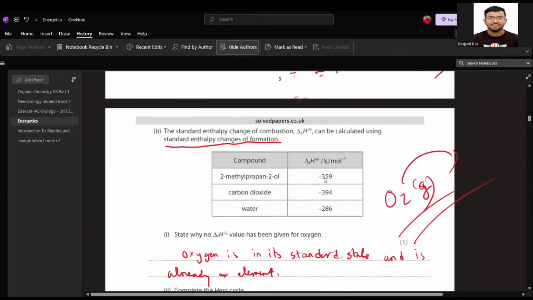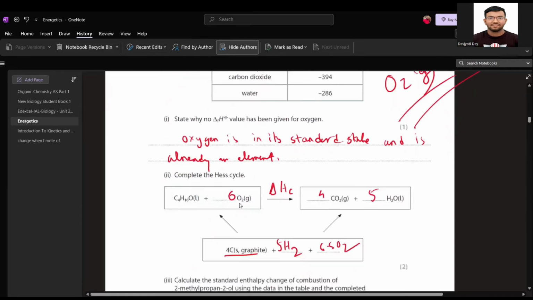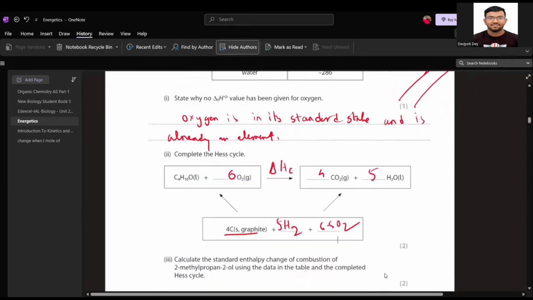The enthalpy change of formation has been provided for 2-methylpropan-2-ol. You have negative 359. So if you can just write negative 359 down here, because that's what the enthalpy change of formation represents.